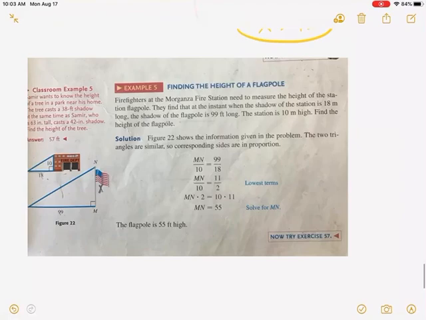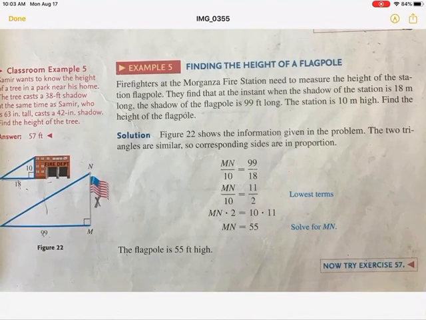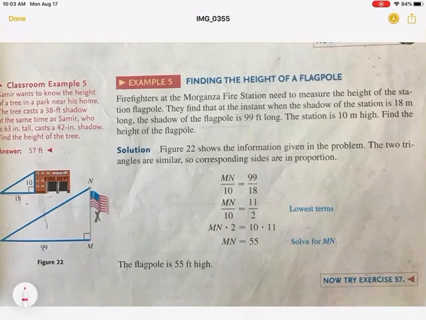Okay, so for this one here, it's a fire station, and we need to measure the height of the station flagpole. So we are trying to find the height of this flagpole. The fire station and the flagpole form similar triangles, so I know both sides are going to be proportional.